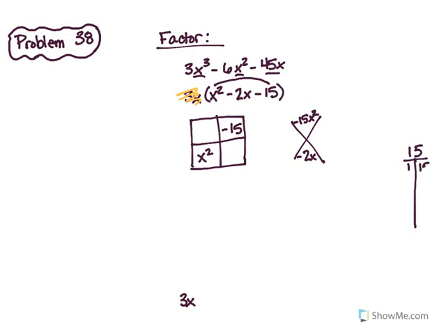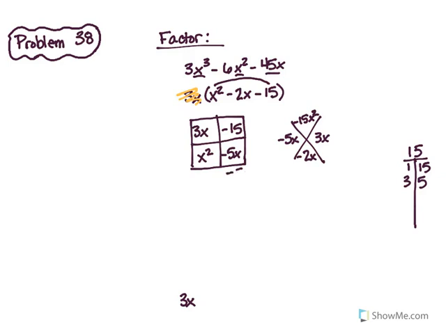So I have 1 and 15. 2 doesn't work, but 3 and 5 does. So I'm going to have negative 5x and 3x. Negative 5x plus 3x is negative 2x. Negative 5x times 3x is negative 15x squared. So negative 5x and 3x.